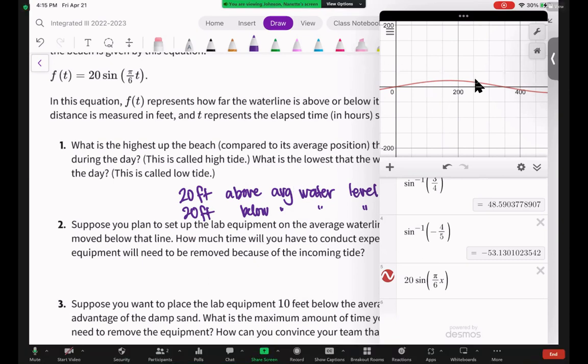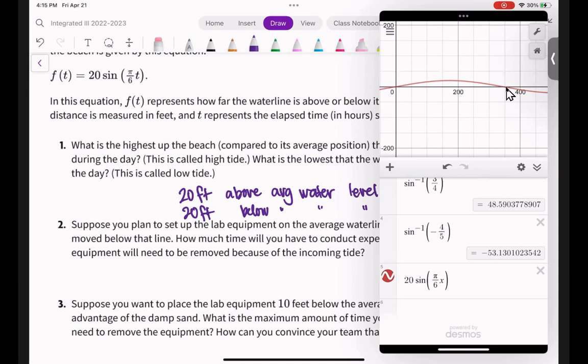So here it is at midnight, and then you get high tide here, right? Then you go here. And t is in hours?